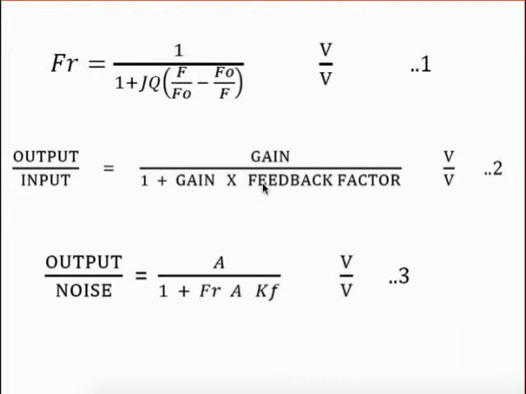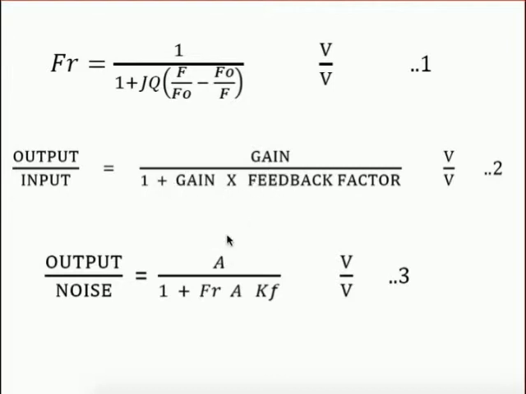So we have the open loop gain divided by 1 plus the gain times the feedback factor, and so if there's no feedback, either positive or negative, we just have the gain, and in the case of positive feedback this gain times feedback must subtract from the 1, so we increase the gain by the positive feedback, and that's what we're doing here in an oscillator. Of course in the negative feedback case this would add to the 1.